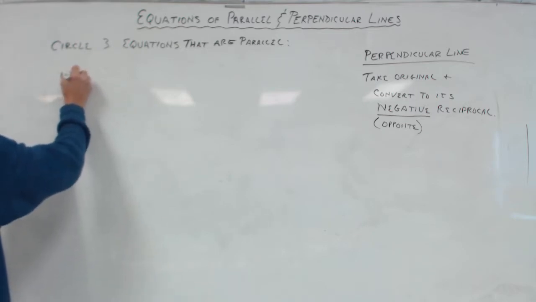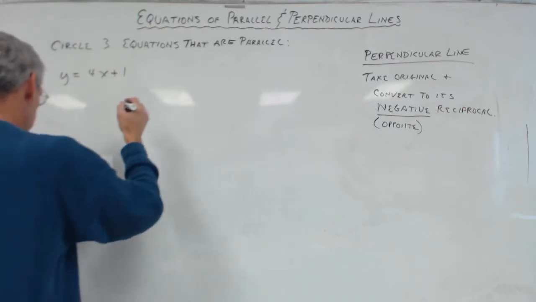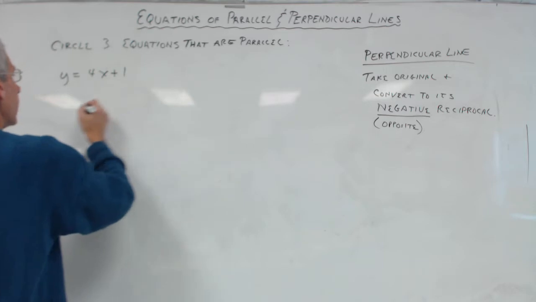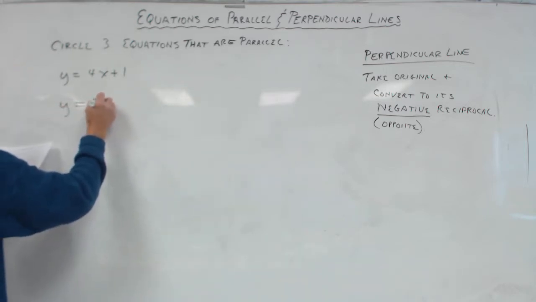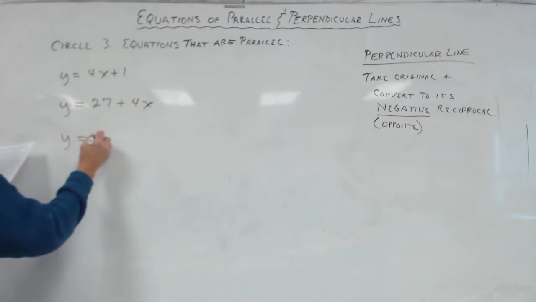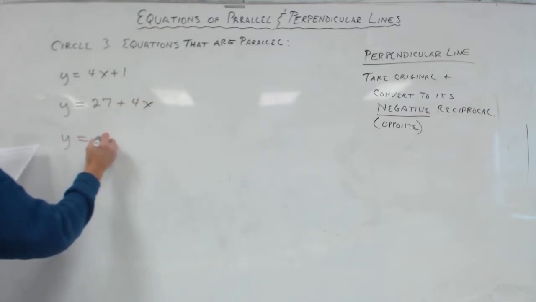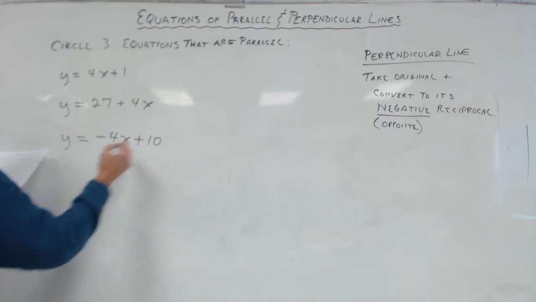So here we go. Y is equal to 4x plus 1. Y is equal to 27 plus 4x. Y is equal to negative 4x plus 10.